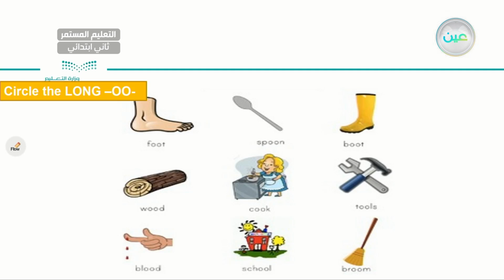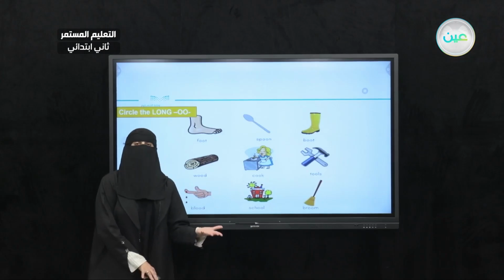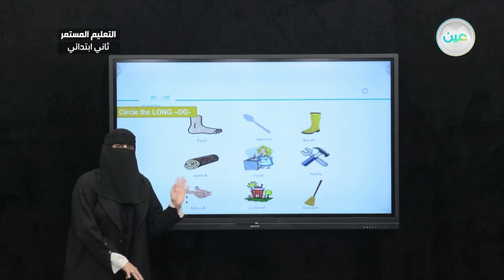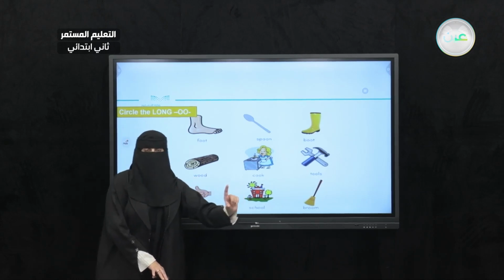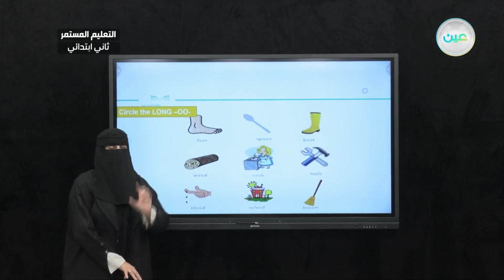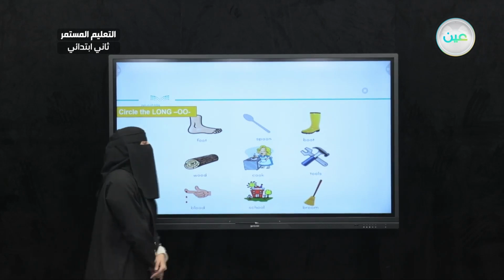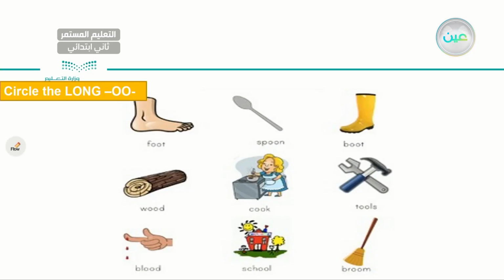Now, circle the long O's. I need you to focus, listen to me, and then decide which words have the long O's and which ones have the short one. We need to circle the long O's. Foot. So do you think it's long? It's not. How about spoon? Spoon. Very good. So spoon has a long O. Boot. Again, this is also long.